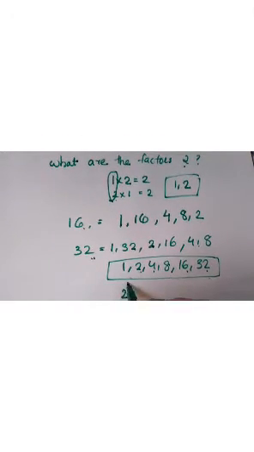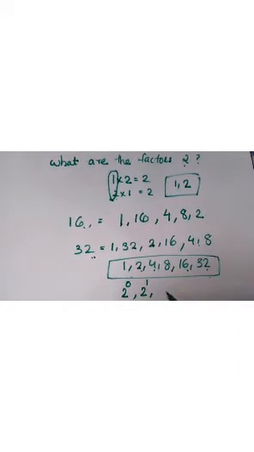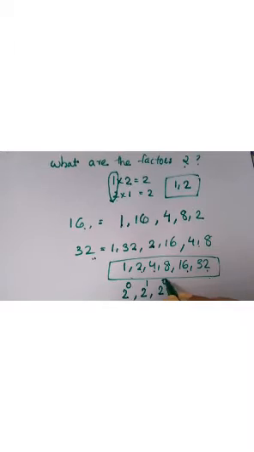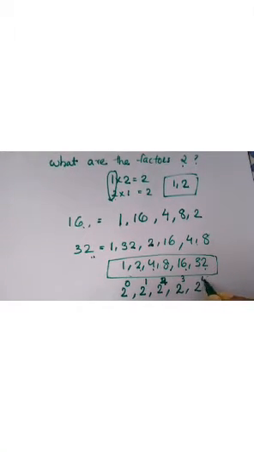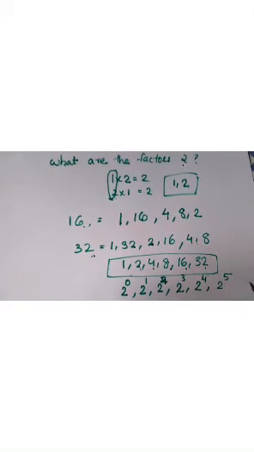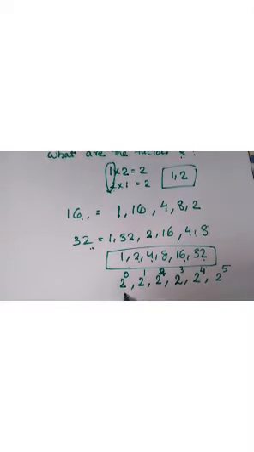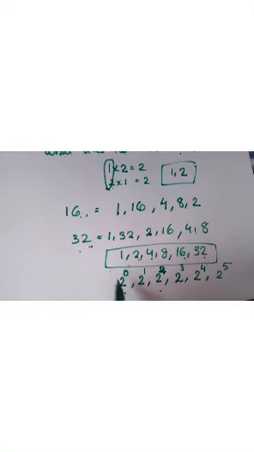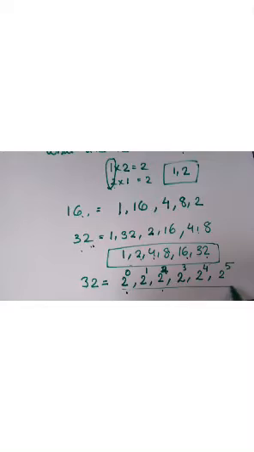That is, 2 raised to 0 is 1. 2 raised to 1 is 2. 2 raised to 2 is 4. 2 raised to 3 is 8. 2 raised to 4 is 16. 2 raised to 5 is 32. So in terms of powers of 2, we can express 32's factors like this. In other words, these are the factors of 32.